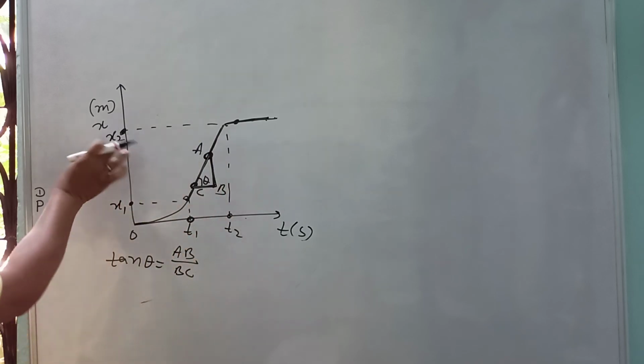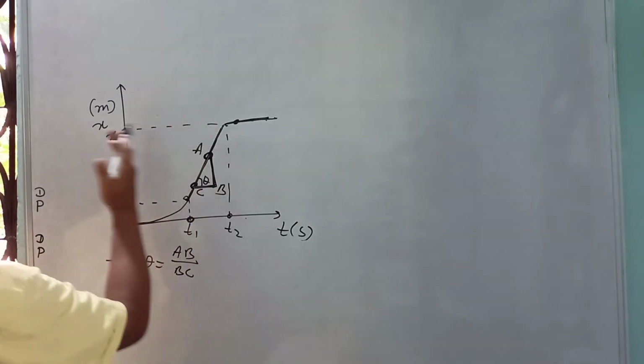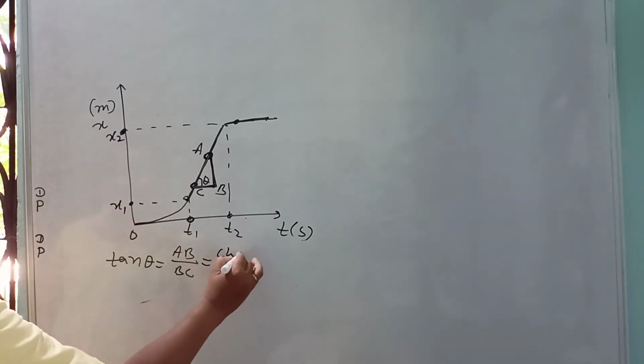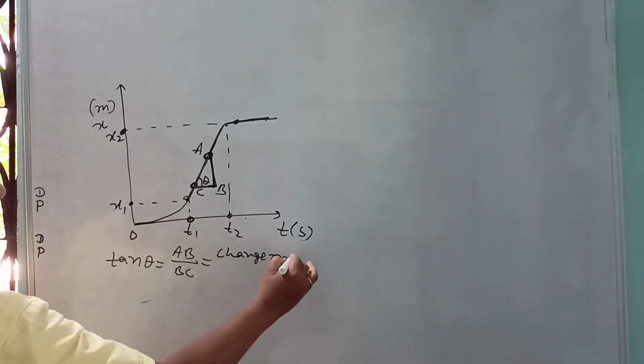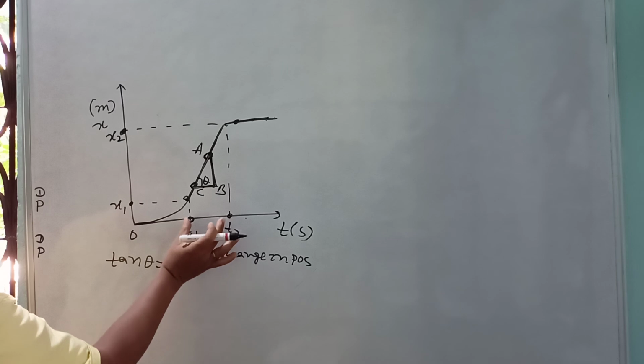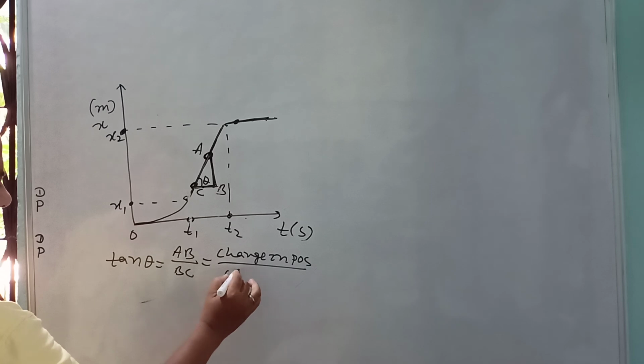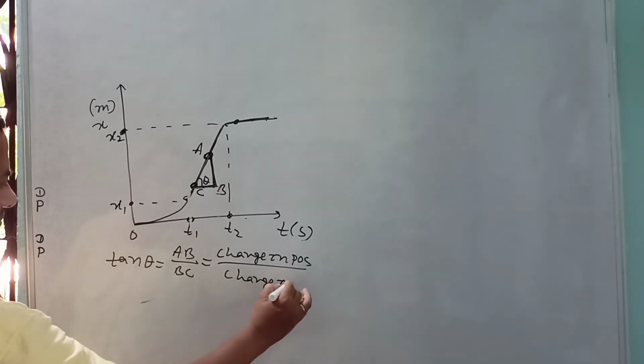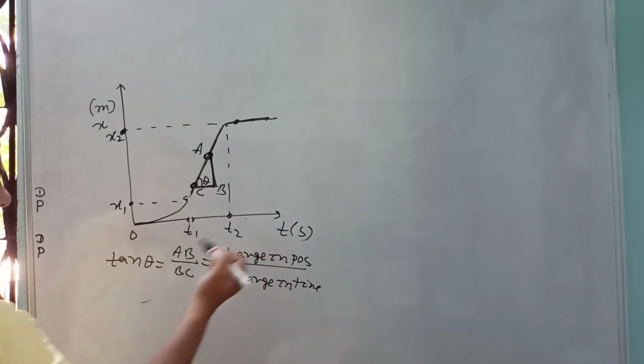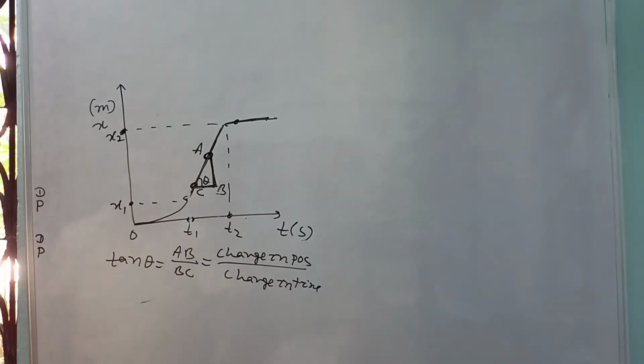AB is nothing but the change in position, and BC is the change in time, T1 to T2. This change in position by change in time is nothing but your velocity or speed. So from this graph, if you take the slope, you will get velocity or speed.